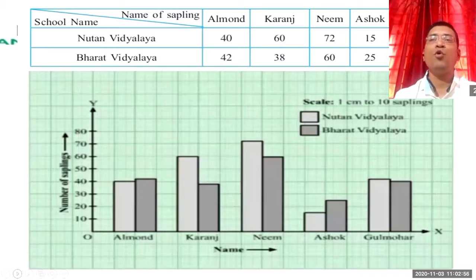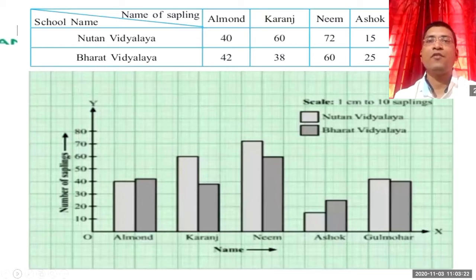Now look at the Gulmohar tree, which is our last tree. In this, you will notice Nutan Vidyalaya and Bharat Vidyalaya planted somewhat the same. Only difference is 2. Gulmohar plant planted by Nutan Vidyalaya is 42 and Bharat Vidyalaya is 40.